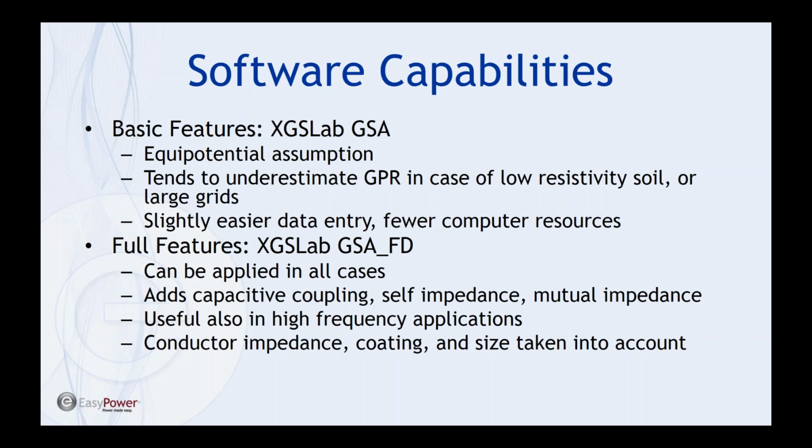This sort of assumption tends to underestimate the GPR in the case of low resistivity soil or large grids, and so that's what causes it to have limited capability. There are benefits to it too, though. In grids where you don't need the extra computational power and you're sure you can use the equipotential assumption, you get slightly easier data entry, and fewer computer resources are required to calculate this.